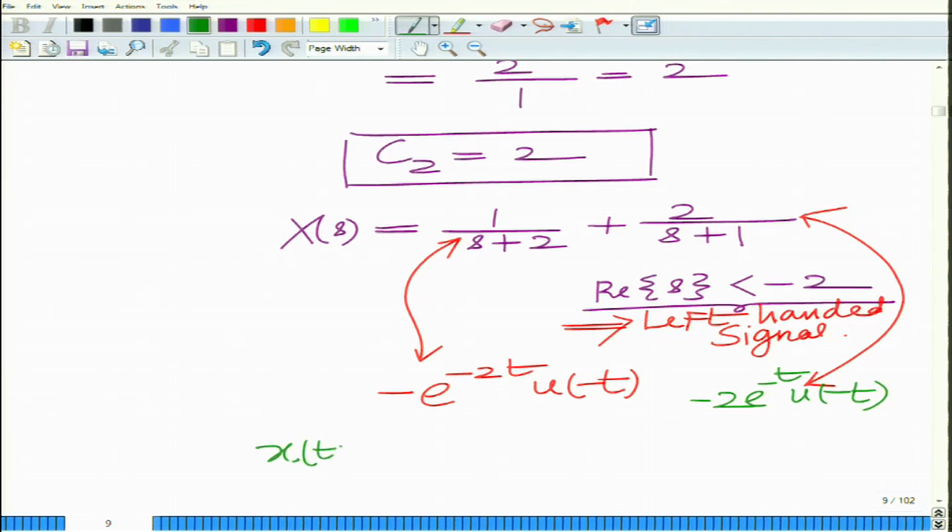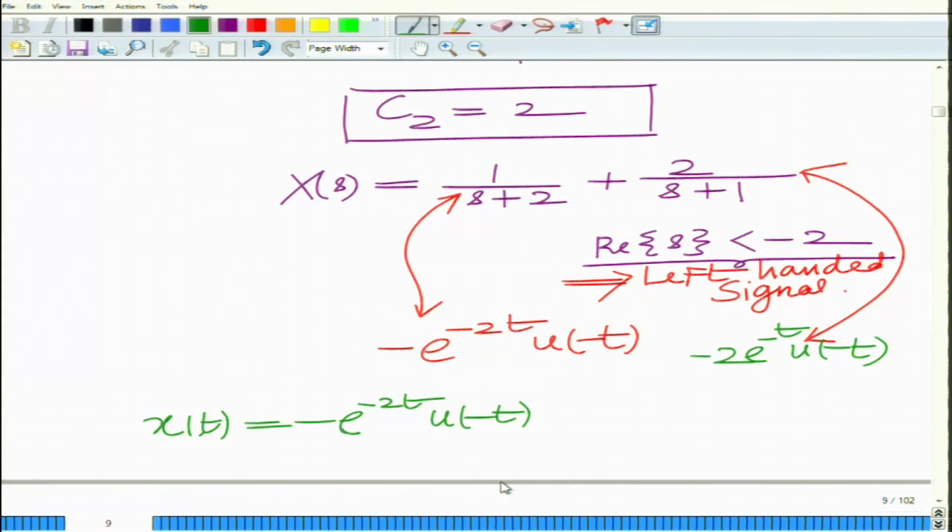Therefore, the net signal x(t) will be, let me just write it clearly, x(t) is minus e raised to minus 2t u(minus t) minus 2 e raised to minus t u(minus t), and that is the net.